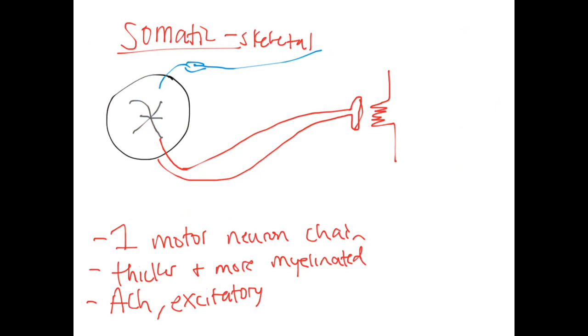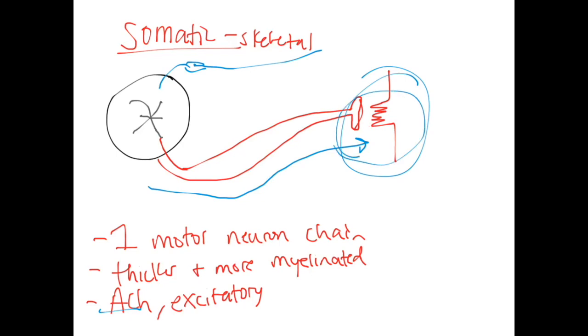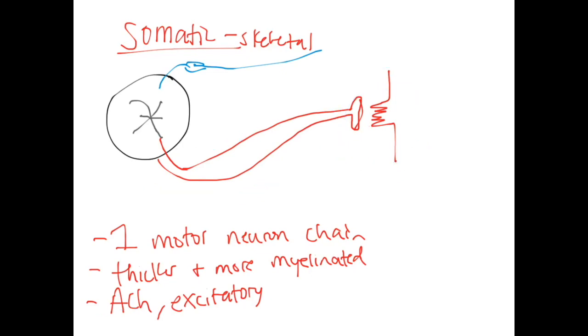Somatic is our skeletal chain. We see that we have this one motor neuron going to our effector organ, which is skeletal muscle always, and it's always using ACH, and it's always excitatory. Think about this. You have to consciously make the decision to activate this skeletal muscle, right? So that's going to take energy. Our body's whole point of doing stuff is conserving energy to help pass on life.